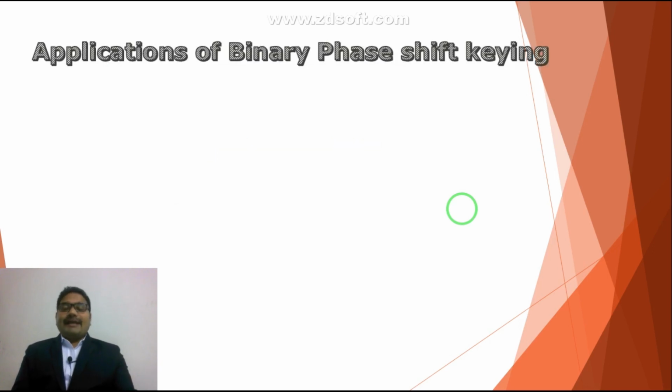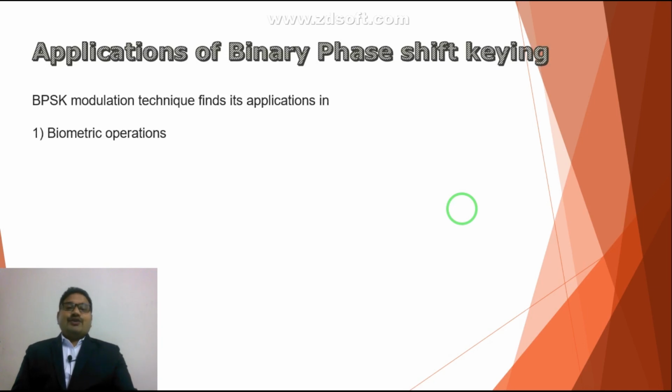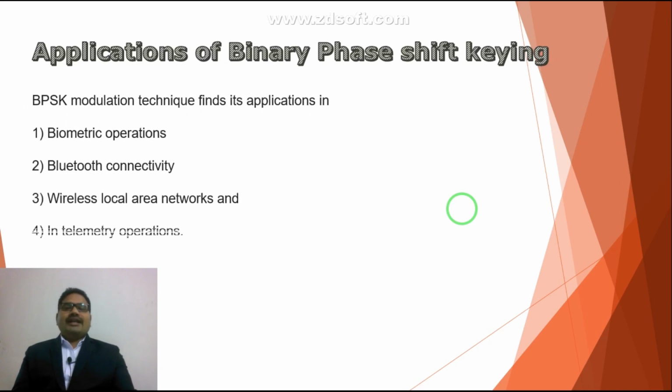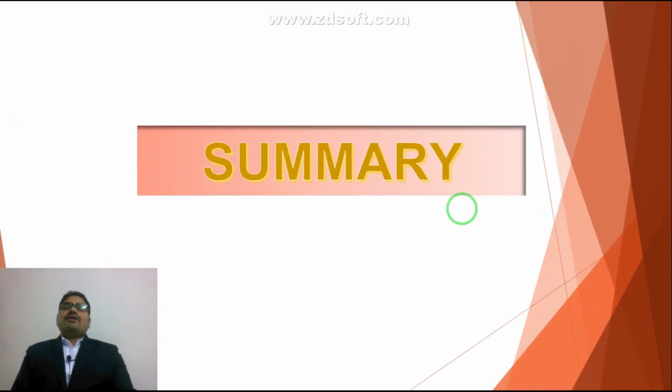Now, what are the applications of binary phase shift keying? It is used in biometric operations, Bluetooth connectivity, wireless local area networks and telemetry operations. So today we have seen why we are going to use the passband transmission model, and what the hierarchy of digital modulation techniques is.